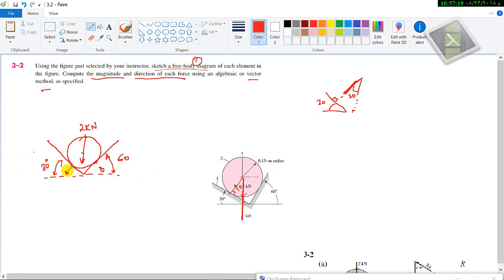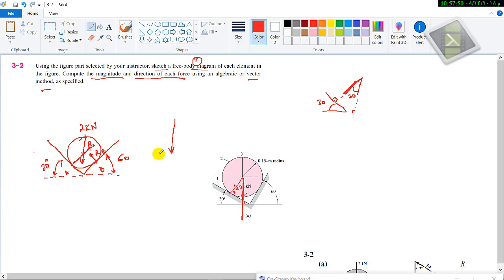We have a reaction coming from A, perpendicular to the point A, directed in this way. This is called RA. And we have another one here, called RB. Let's form from here this kind of triangle.